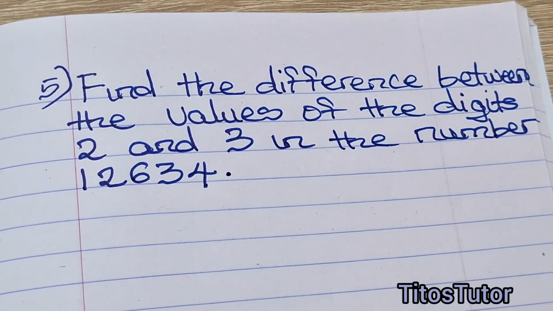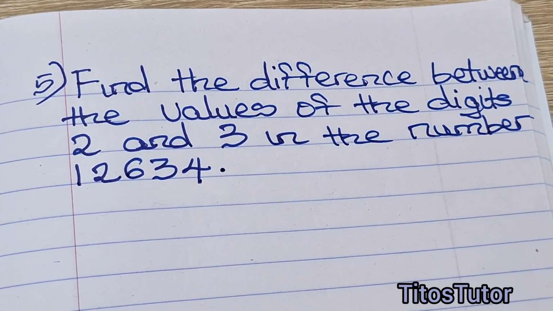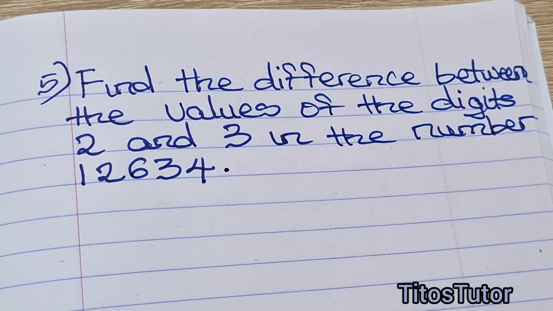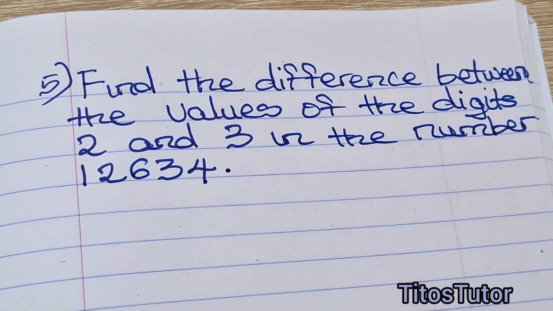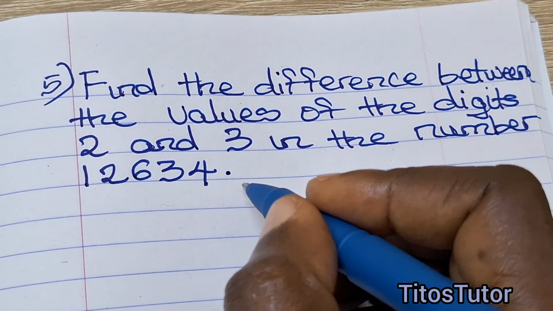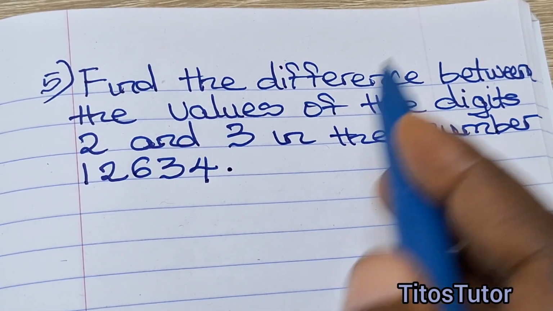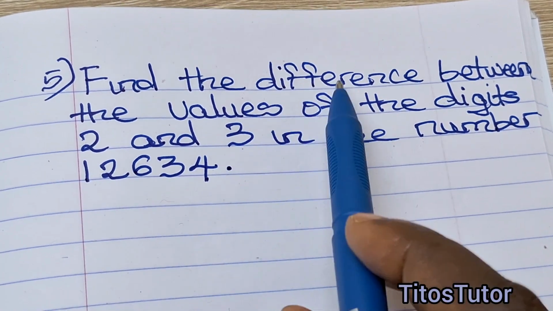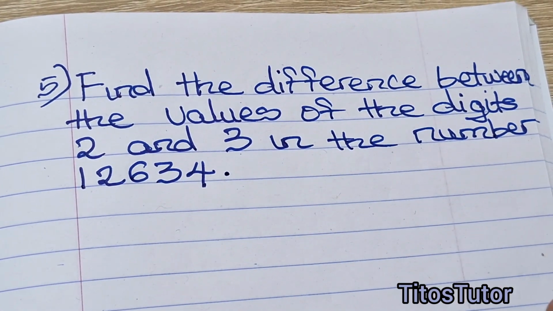Here's our last question for this video, and it says find the difference between the values of the digits 2 and 3 in the number 12,634. First, you must find the place value of the digit 2, find the place value of the digit 3, then difference means subtraction, so you subtract.